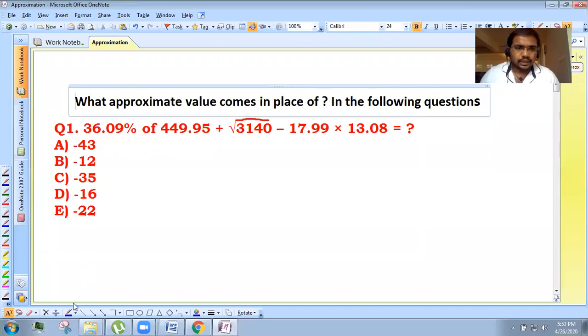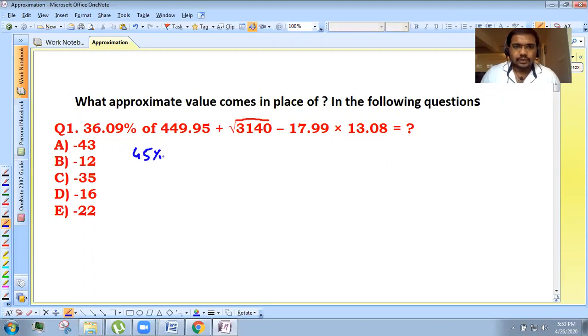This is 36 percentage of 450, we are writing 45 percentage of 360.